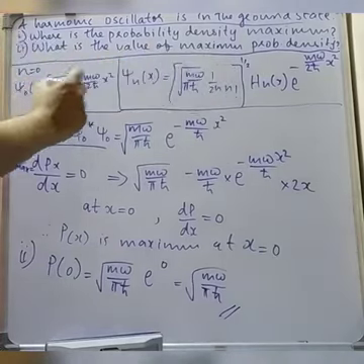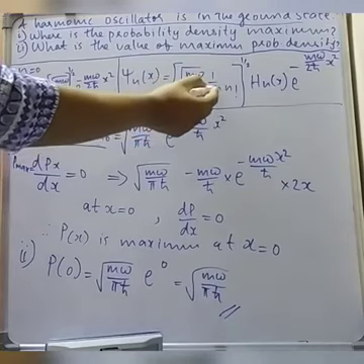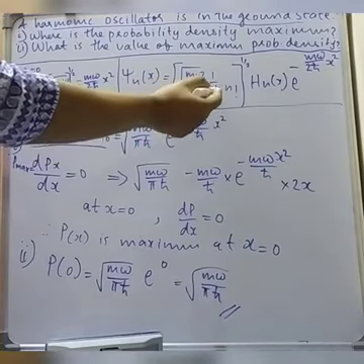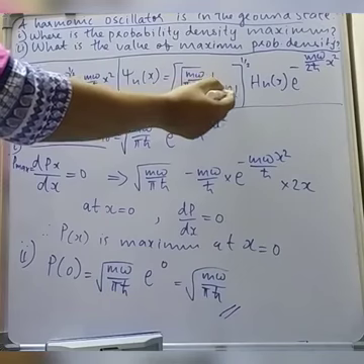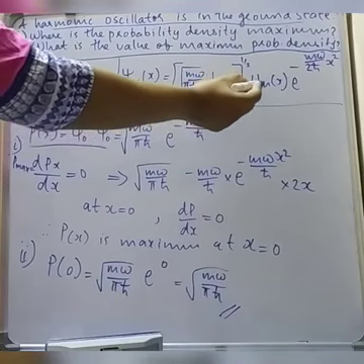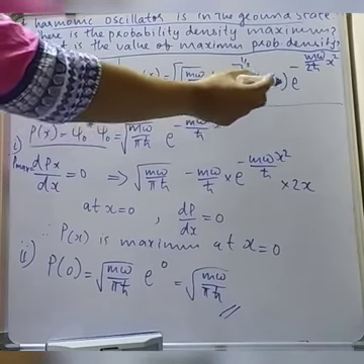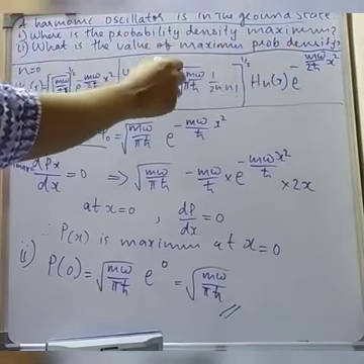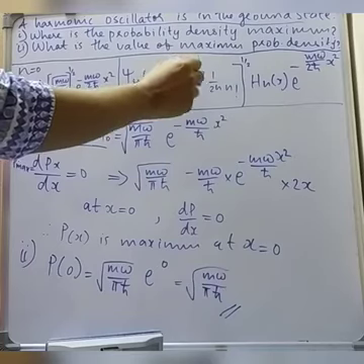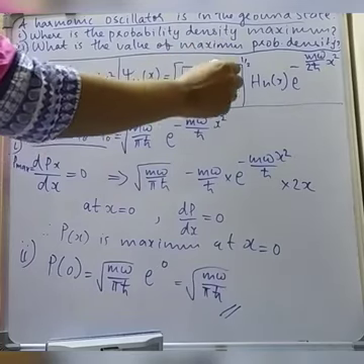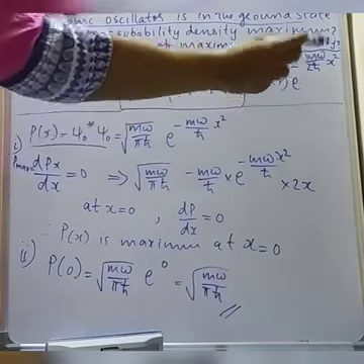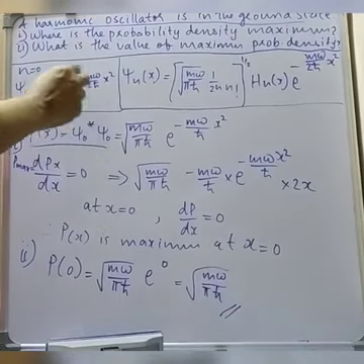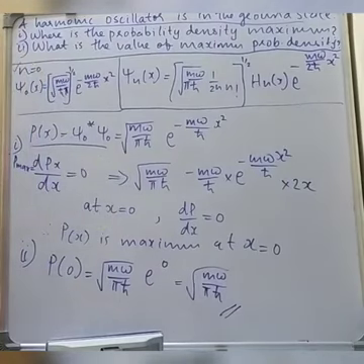So 2 raised to 0 is 1, 0 factorial is 1, and H0 of x is 1. So we have the square root of m omega by pi h cut, the whole raised to 1 by 2, and e raised to minus m omega by 2 h cut x square. This is our ground state wave function.